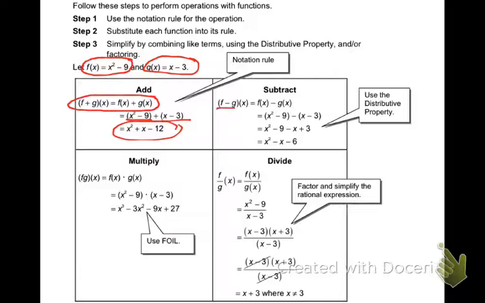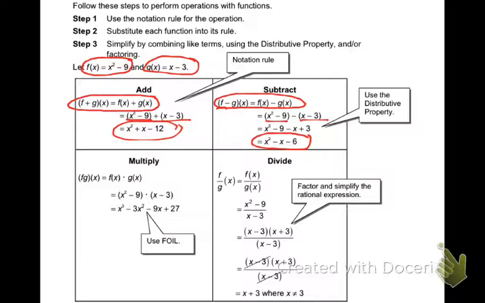F minus g of x is the same thing as f of x minus g of x. So I take f of x minus g of x, combine like terms, and I get x squared minus x minus 6. Again, all you're doing is substituting. What does f of x mean? Plug it in. What does g of x mean? Plug it in. And either add, subtract, multiply, or divide to simplify the expressions.